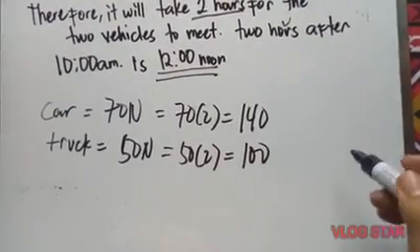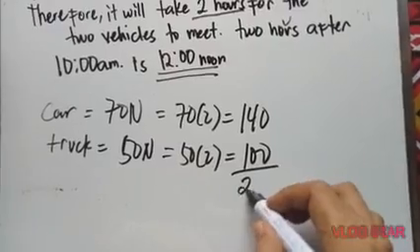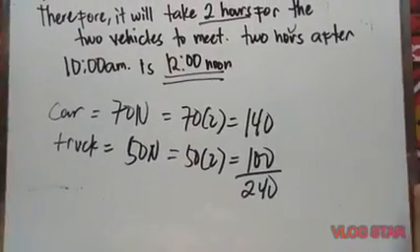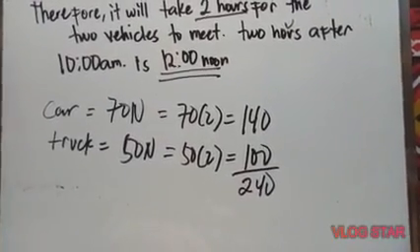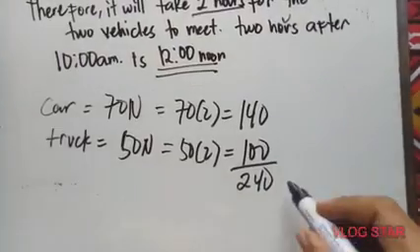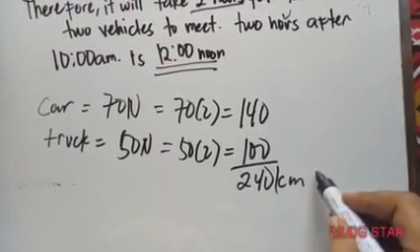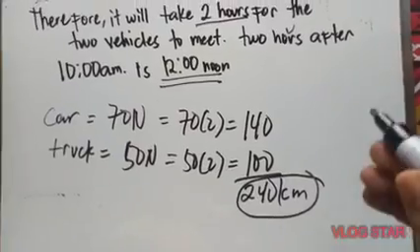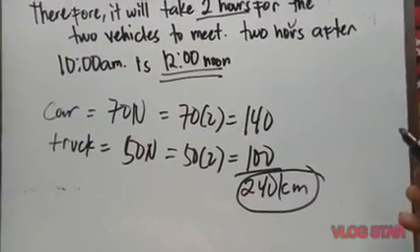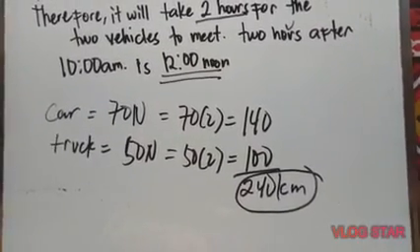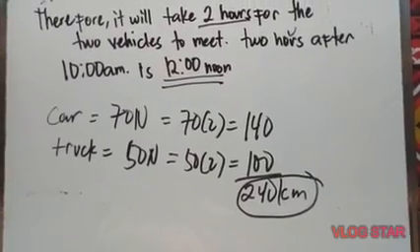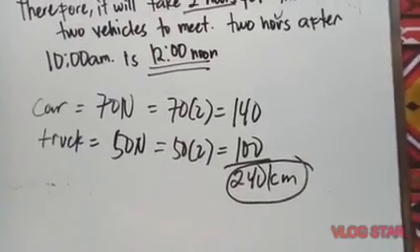If we add, the answer is 240. The total distance traveled by the two vehicles is 240 km, which is correct because that is what was stated in the problem.